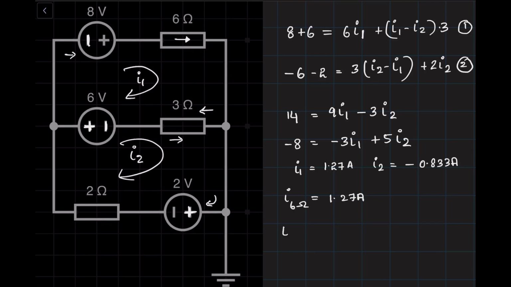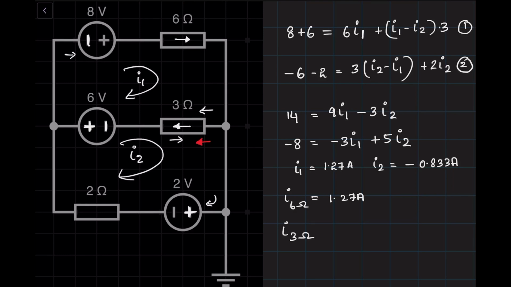Current flowing through the 3 ohm: if you check, we already got I2 as negative. So the actual direction of I2 is not clockwise, it is anti-clockwise. So both I1 and I2 are flowing in the same direction through the 3 ohm, in this direction.